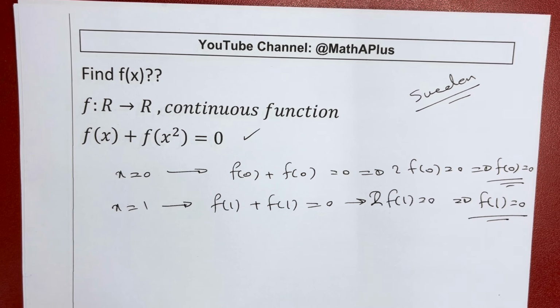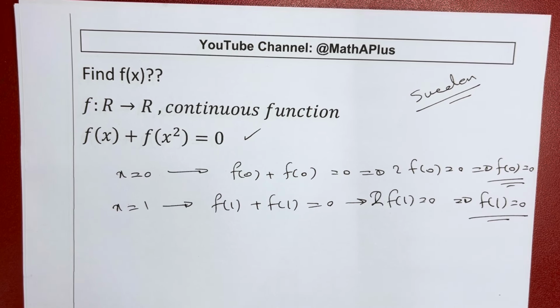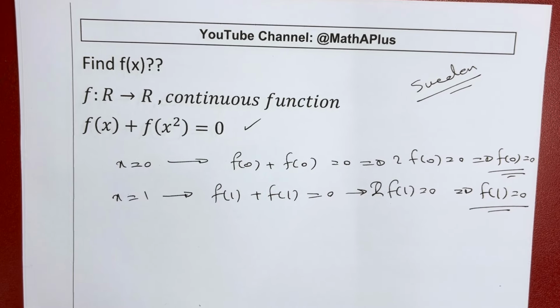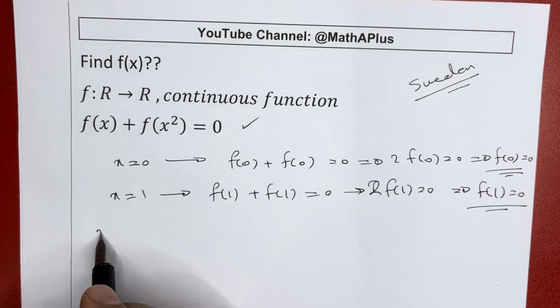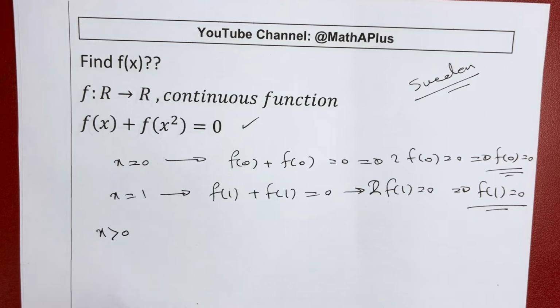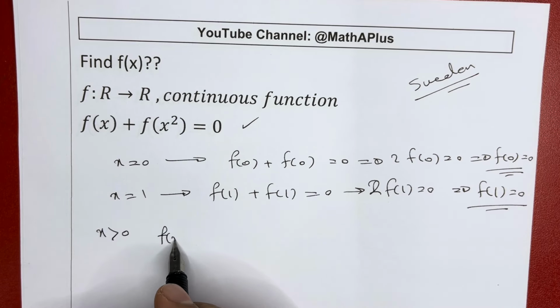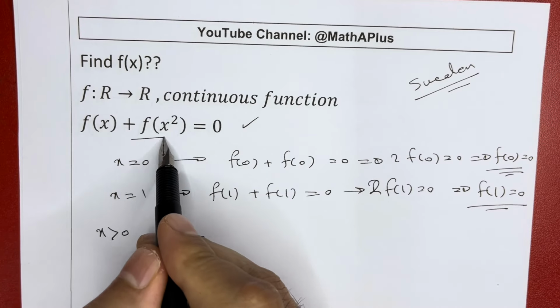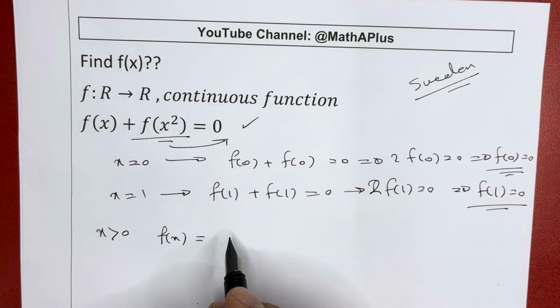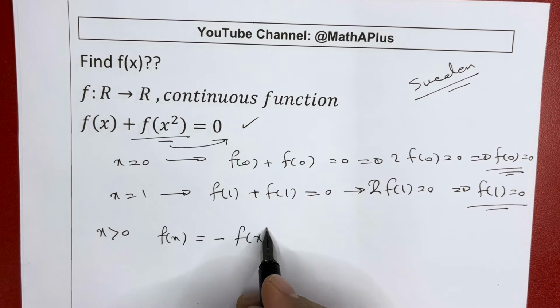All right. So now it is time to find a better trick to solve the problem. For example, for x greater than 0, if you bring this term to the other side, f of x is going to be minus f of x squared.